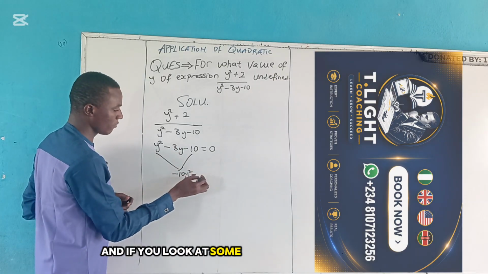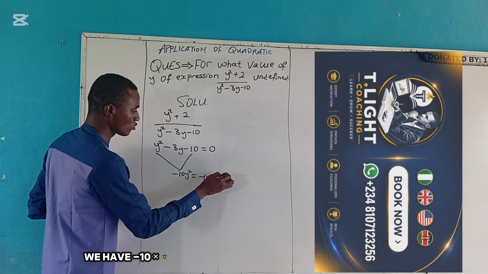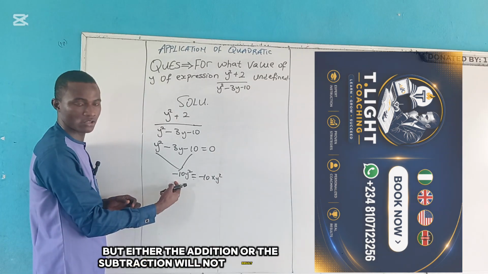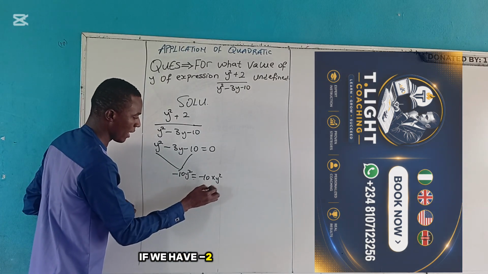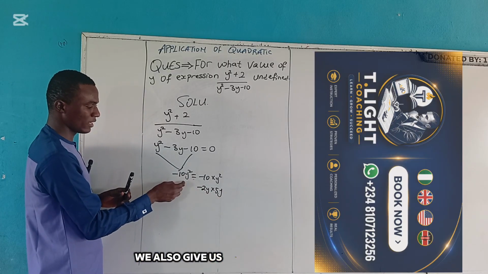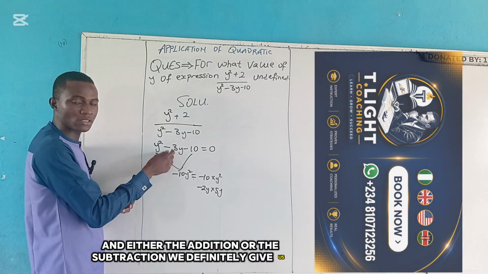If we have minus 10 multiplied by y squared, it will still give us this, but either the addition or the subtraction will not result to what we have here. And if we have minus 5y multiplied by 2y, it will also give us this, and either the addition or the subtraction will definitely give us this.